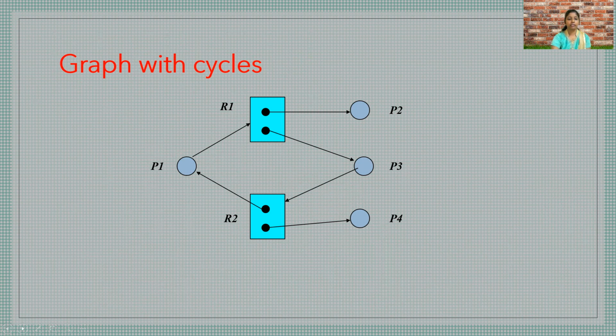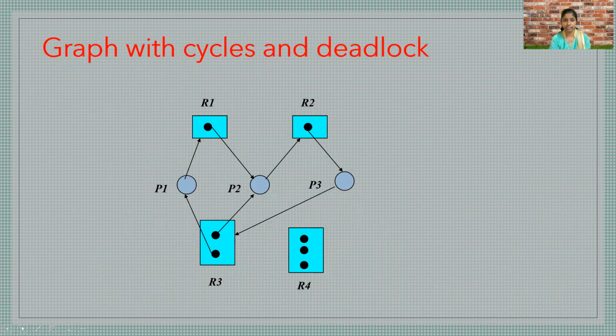But when we look at this diagram, we can see a deadlocked condition where there are 3 processes, P1, P2, P3, and resources R1, R2, R3, and R4. And here you can see P2 is holding on to an instance of R3 and still wants R2.